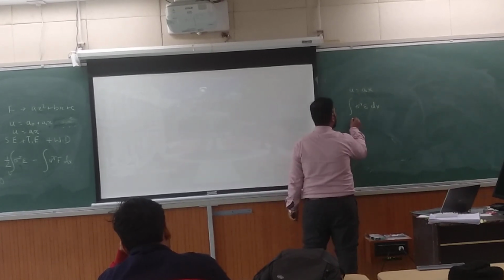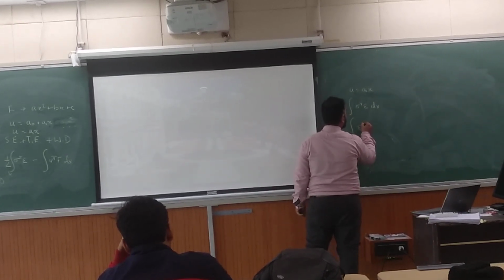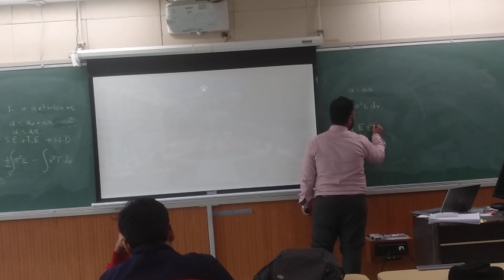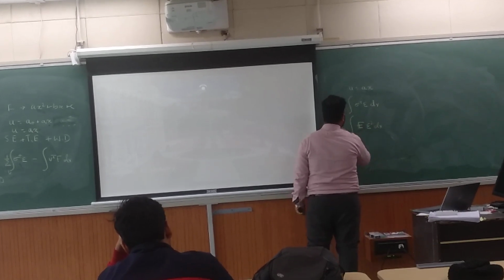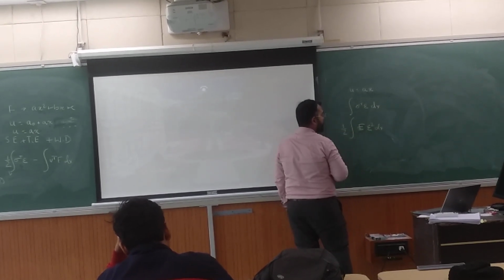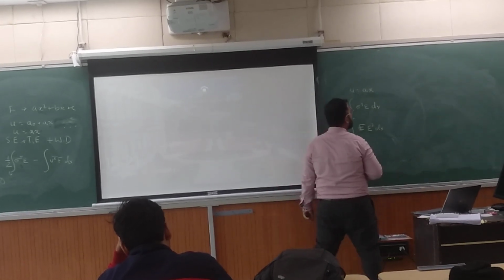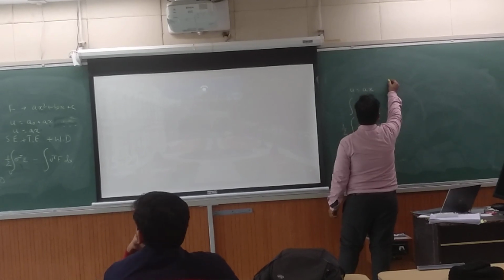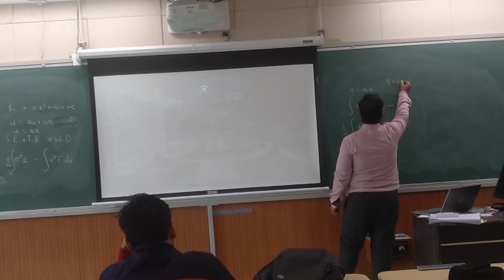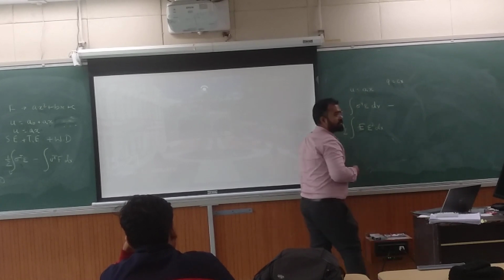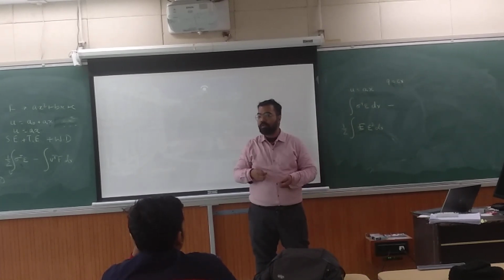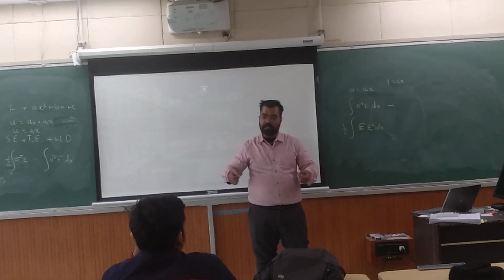I can write it as E into epsilon square dx, and I can put half out, right? And let us say there is a distributed force, so that distributed force I write as this into coordinate value. It's a distributed force on a bar element or a one-dimensional element.